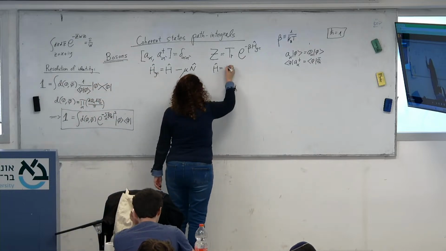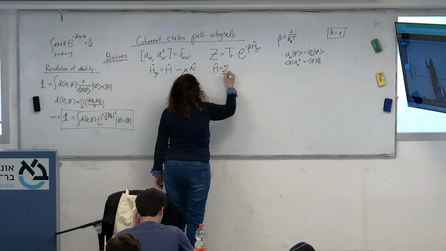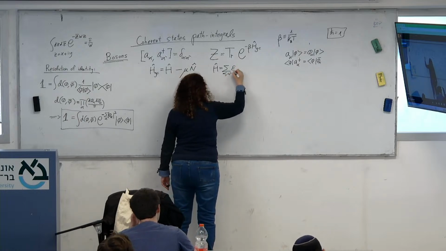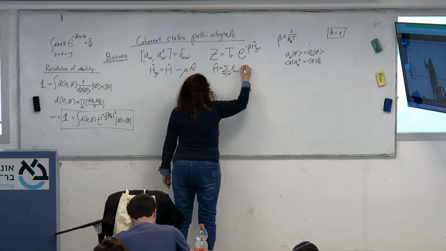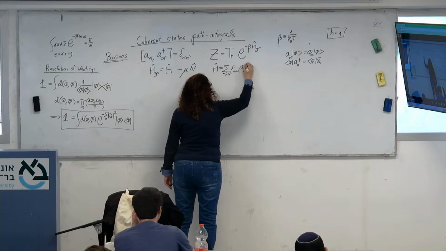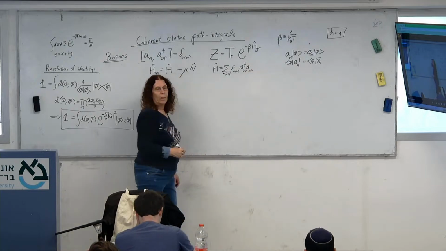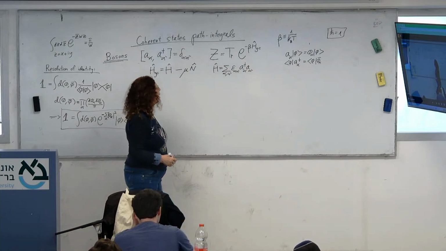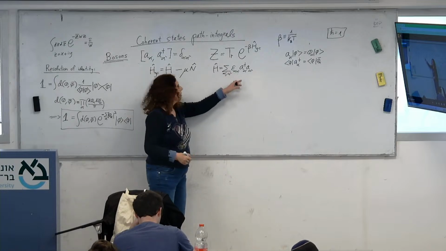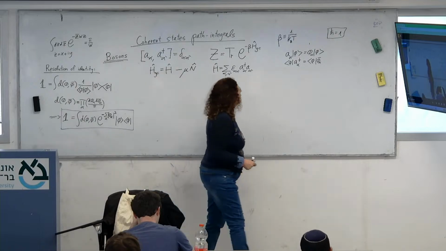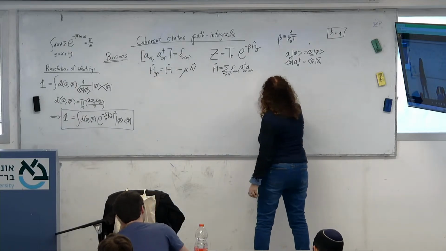To be most general, it has one-body terms of the form a alpha dagger a alpha prime. We can always choose a basis where this is diagonal if you want, but here I want to be completely general.